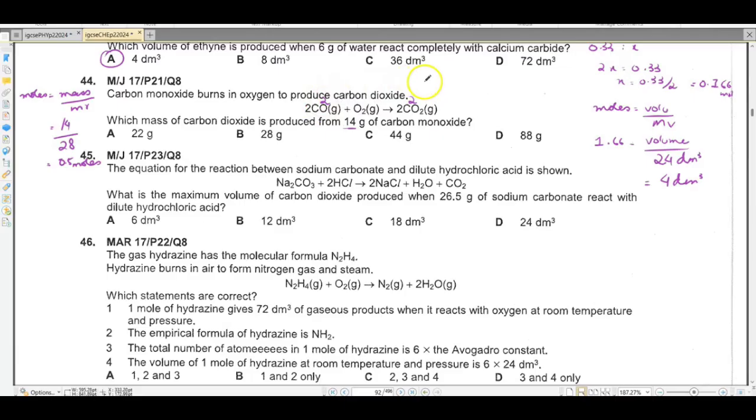So now the mass can easily be found by the same formula, moles is equal to mass over Mr. So moles we have 0.5, mass we have to find, and Mr for carbon dioxide is 44. So 44 into 0.5 is going to give you an answer of 22 grams. So mass of carbon dioxide produced from 14 grams of carbon monoxide is 22 grams.